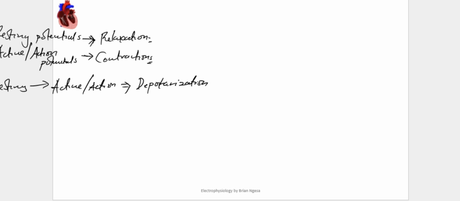So this is depolarization. When the cell is transitioning from the resting phase into an action potential, this is depolarization. A cell can also transition from an action potential to a resting potential. This is called repolarization.